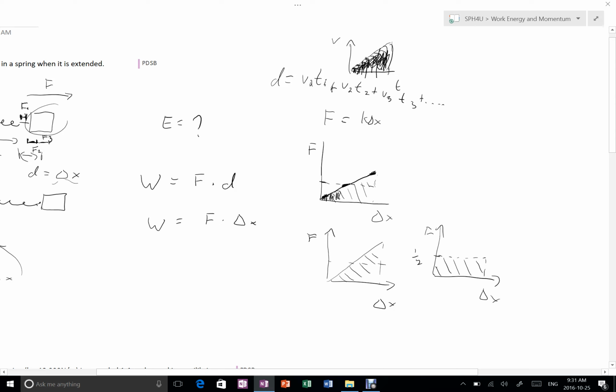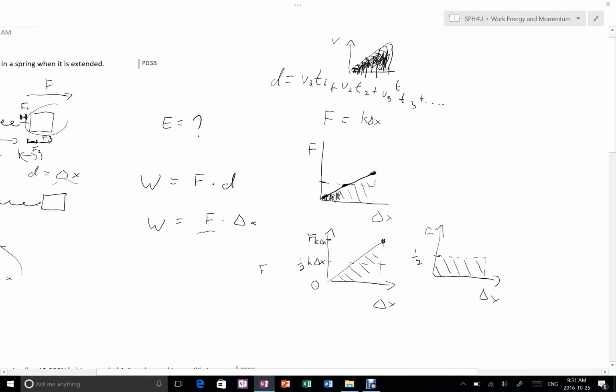So, if I want to get a representation of force, what I need to do is take the halfway point of the force throughout all of the changes. If it starts at 0 and it goes up to this value, which if I use the equation I can say if it's at delta x it's k delta x, then the midway point should be 1/2 k delta x.